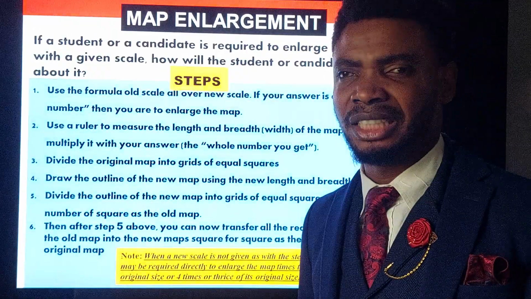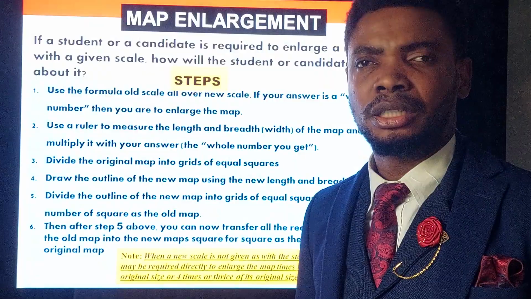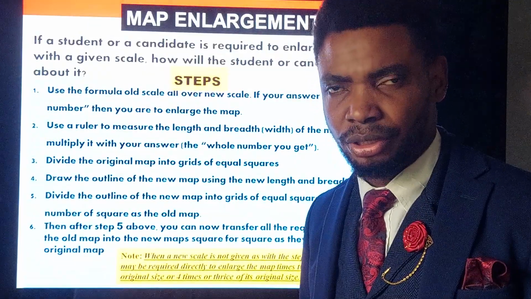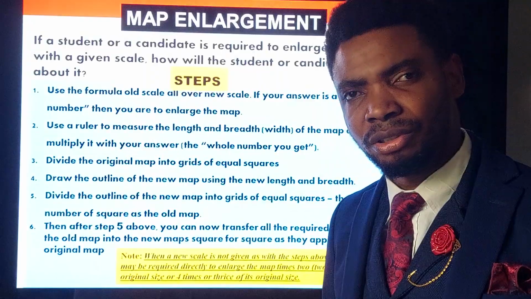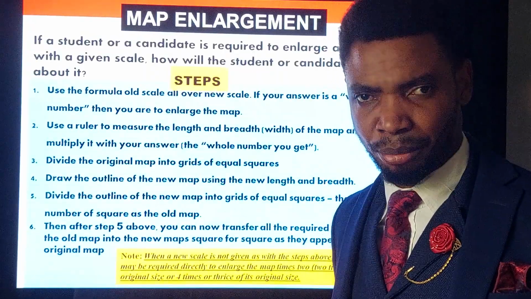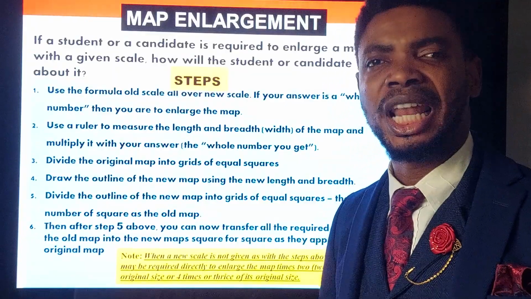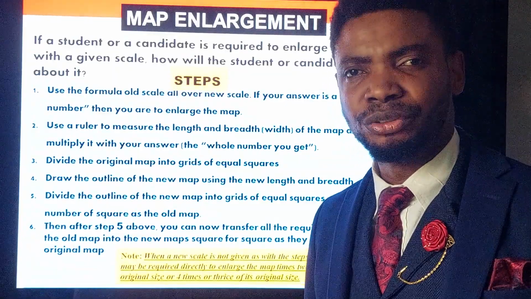I said in the last time that the smaller the map, the bigger the scale. The smaller the scale, the bigger the map. So if you want to enlarge your map, you will be given a small scale.